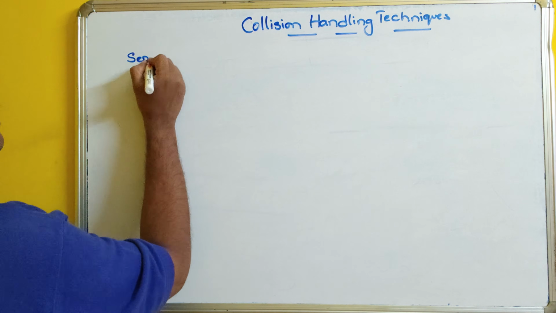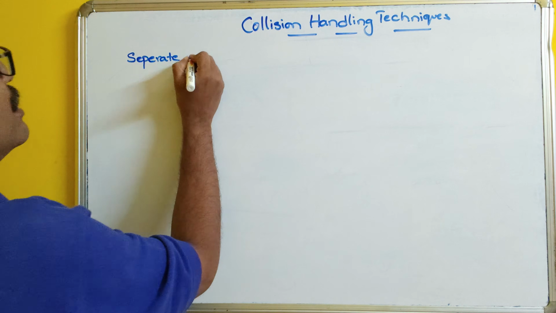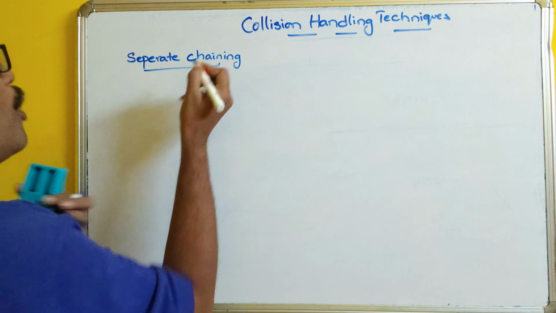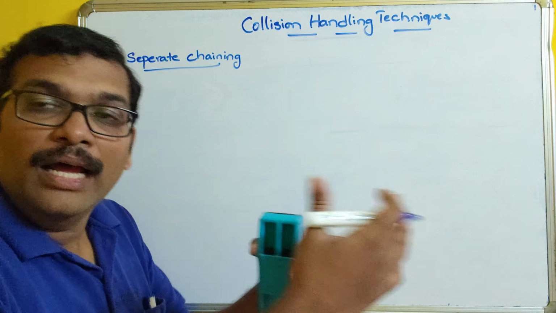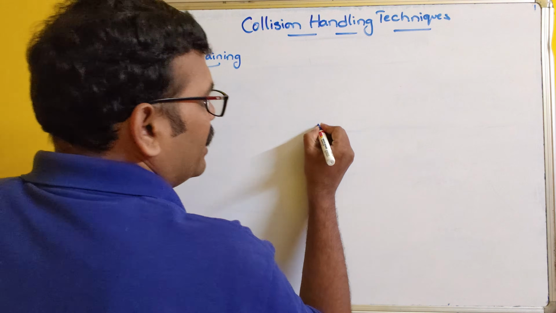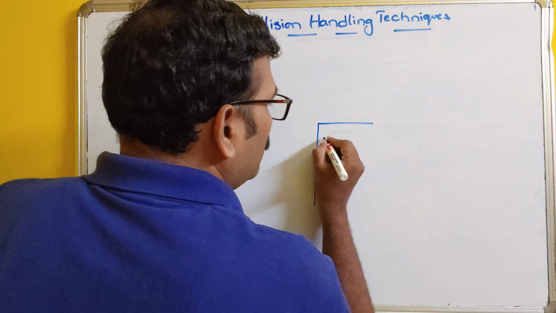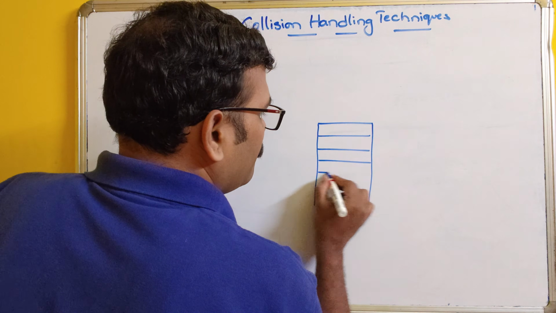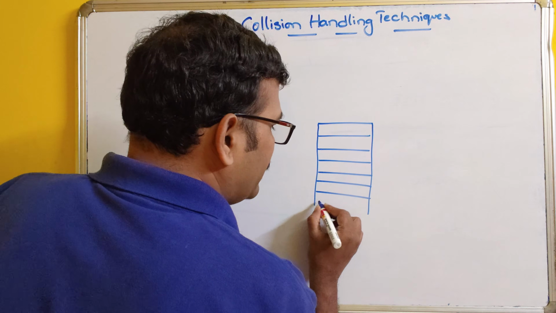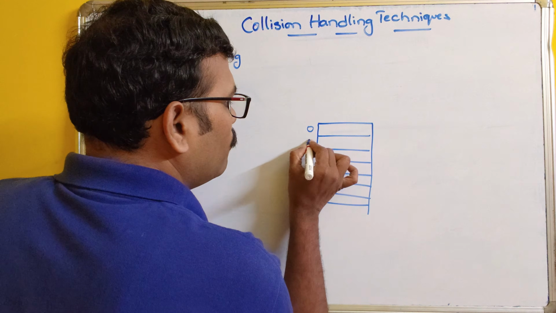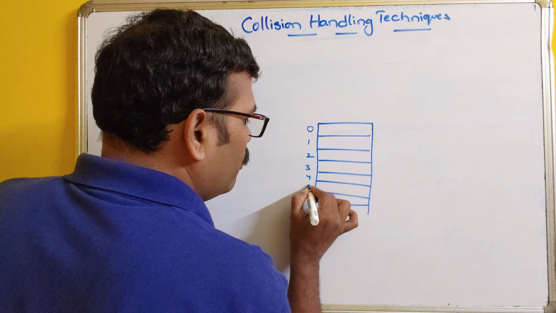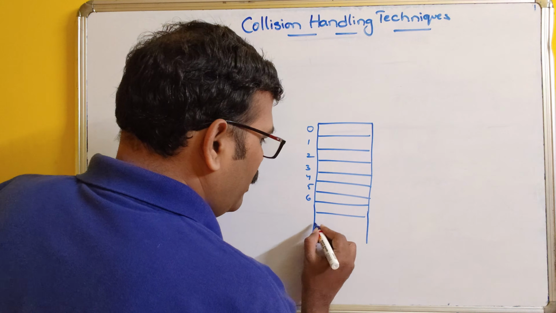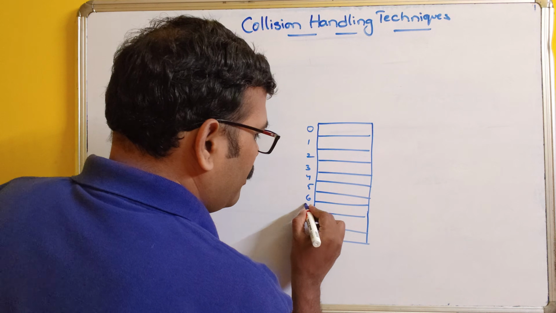So I'll write here separate chaining. As the name indicates, we have to form a chain separate to the hash table. For example, let us consider the hash table with a size 10. The same thing we'll see. So 0, 1, 2, 3, 4, 5, 6, 7, 8 and 9.